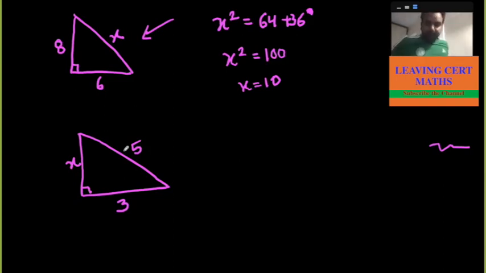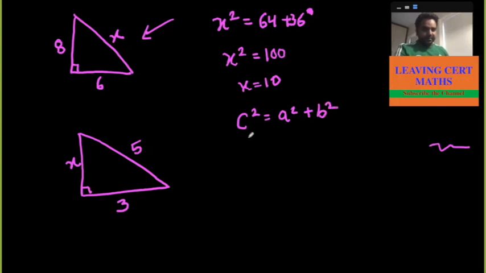3 squared is 9. Okay, so what you have written is c square is equal to a square plus b square, right?